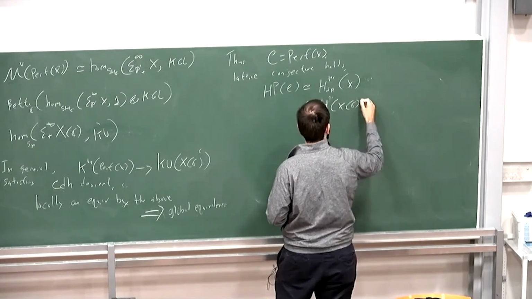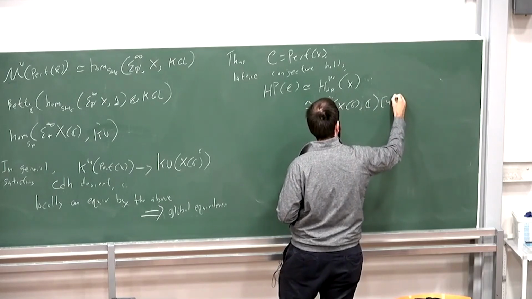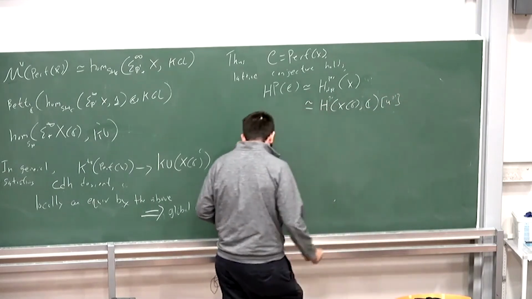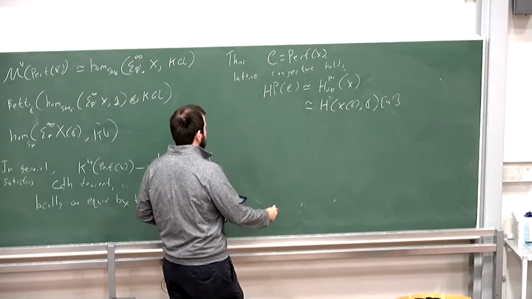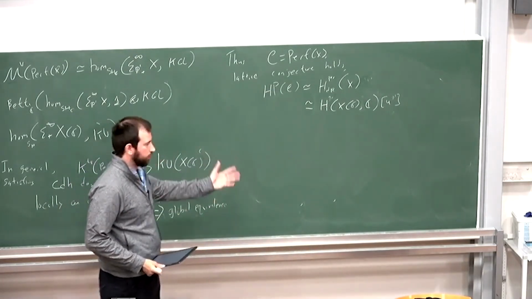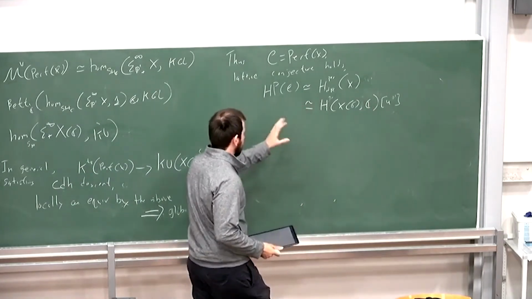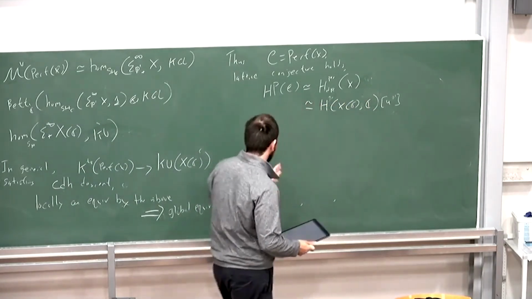Well, let's write it this way. And complex K theory, when you tensor with Q or C or something, then you'll recover singular cohomology.